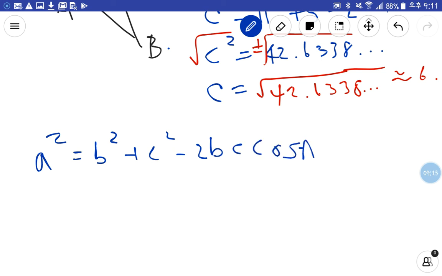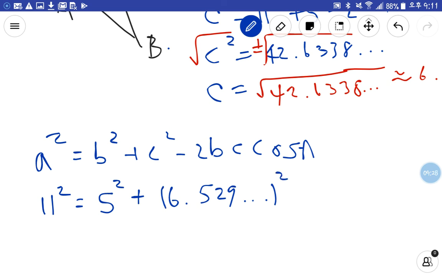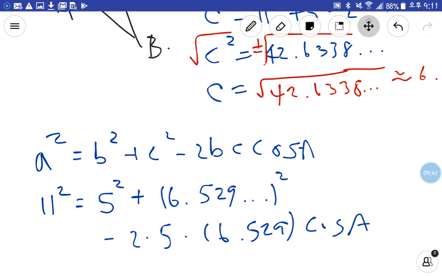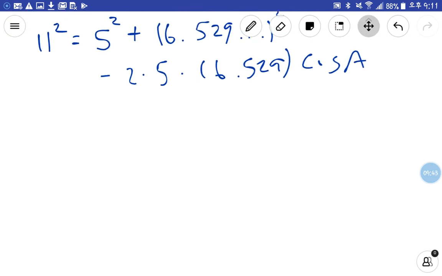Plug in all the information. 11 squared equals 5 squared plus 6.529. So which is the number you got approximately? Plug in here. And minus 2 times 5 times 6.529. And what? Cosine A. So the calculation is kind of complicated.